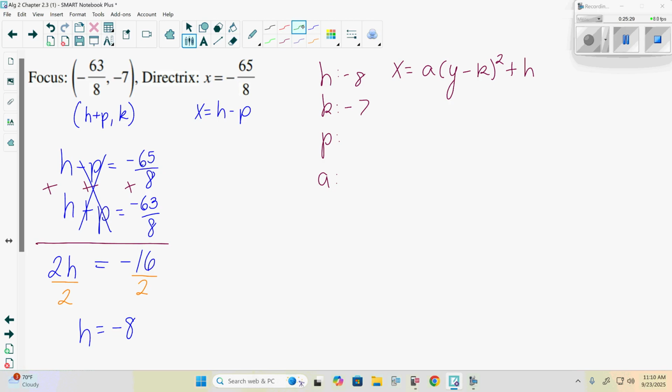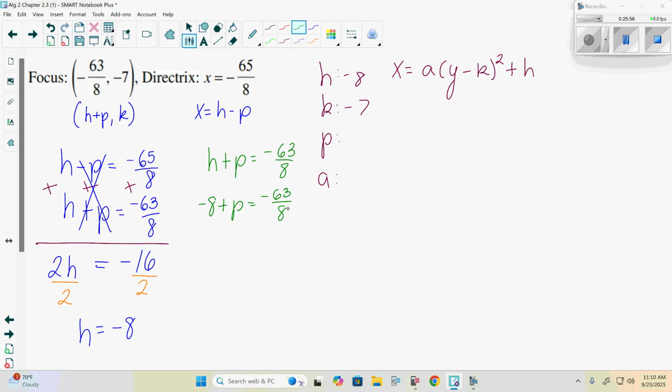Now, which equation you pick does not matter. Because if we picked h plus p, h plus p is going to equal negative 63/8. That's just according to the focus. We know the value of h now is negative 8.